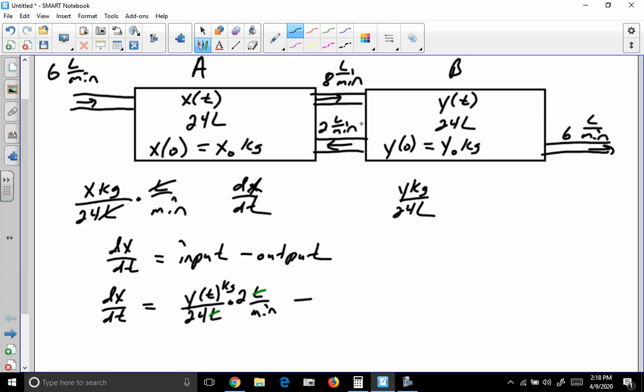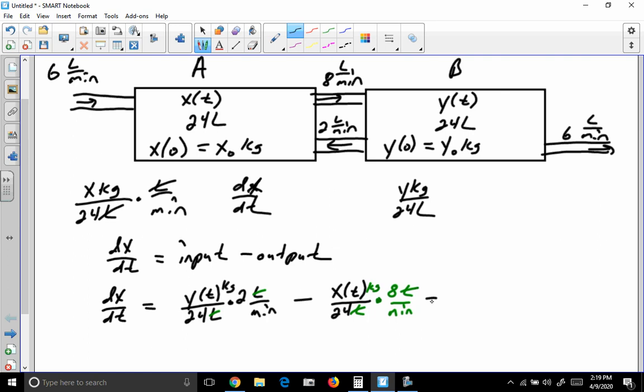The output of that tank is based on what the concentration in this tank is. So that's X, the amount of salt, divided by the volume, times how fast it's leaving. It's leaving at 8 liters per minute. So liters cancel, that's kilograms. We're leaving at X times 8 over 24, and that's kilograms per minute.